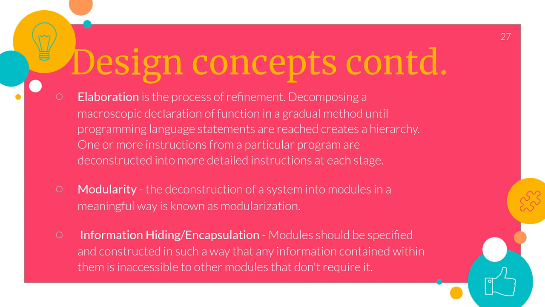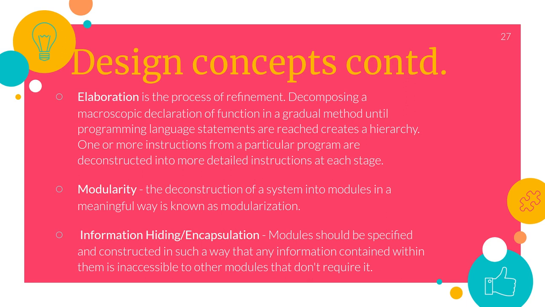Okay, so with this one, you make sure that you hide as much information as possible. Just as I say, you make sure each module is independent. It's not entirely dependent on the other modules. So definitely, each module would have to perform a specific task.